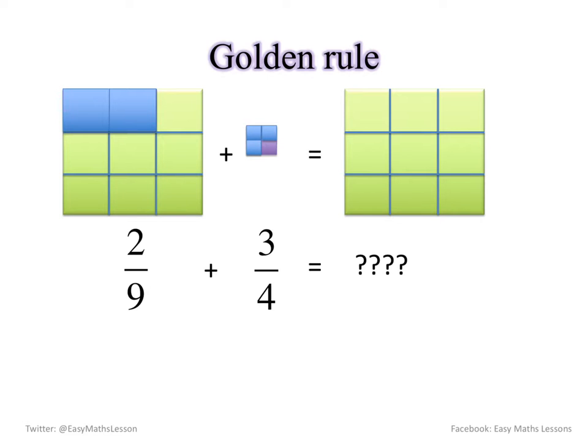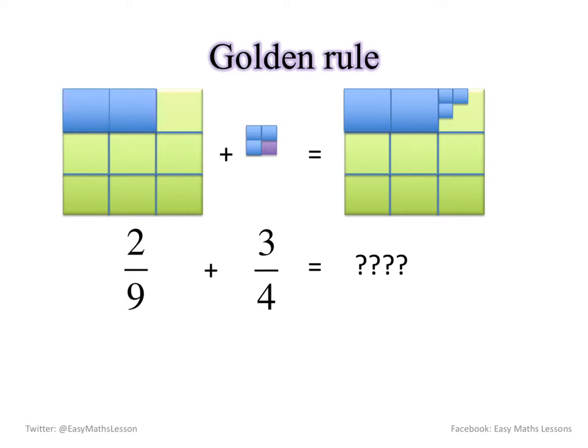If I look at this very first one, I've got 2/9 here, and I'm going to try and add 3/4 to it. What on earth does that make? I don't actually know. Well, that's no fraction at all.